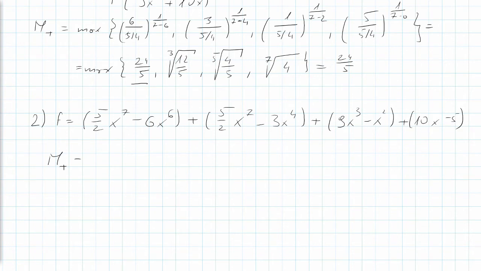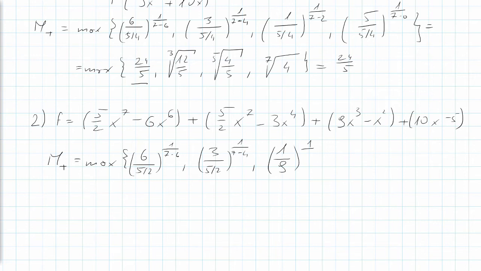So m plus now is the maximum, and we'll have 6 over 5 over 2, and the exponent is again the same, so 1 over 7 minus 6. Here we have 3 over 5 over 2, and the exponent is 1 over 7 minus 4. And then the next two terms differ, and we have 1 over 9 and 1 over 3 minus 2, and here we have 5 over 10, 1 over 1 minus 0.